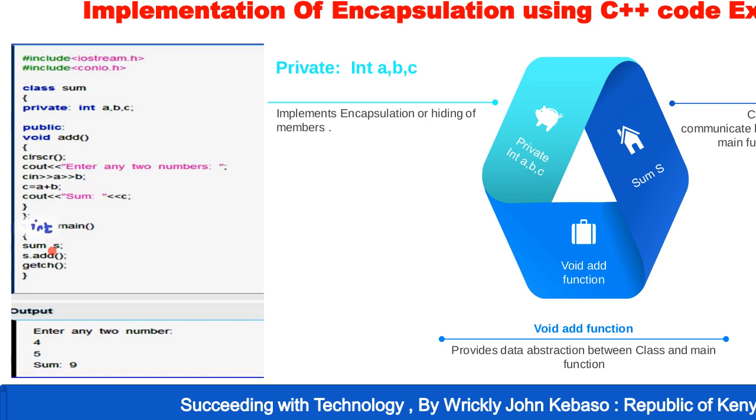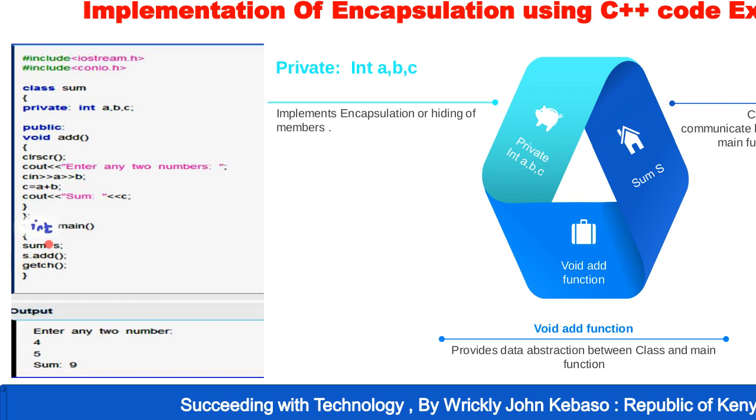So look here, see how now the communication comes in. Use that object now, s dot add, an opening and a closing bracket. Simple. The main function is calling the function add, and you can see the method is very simple.